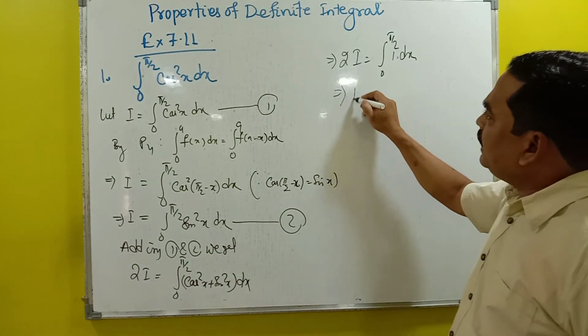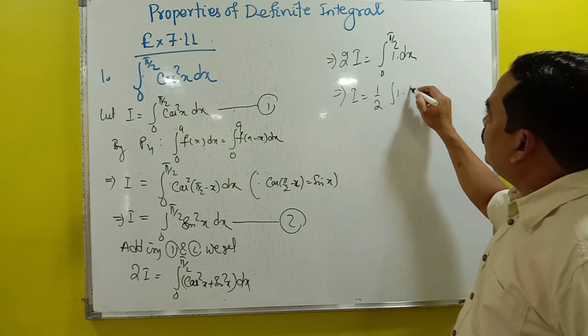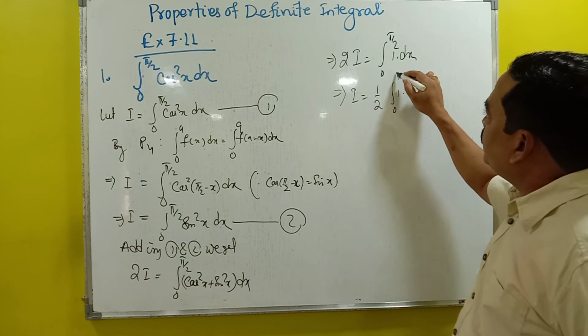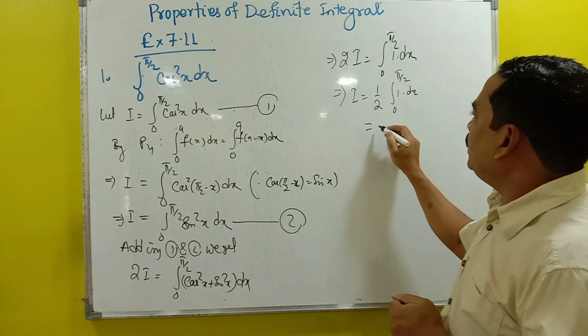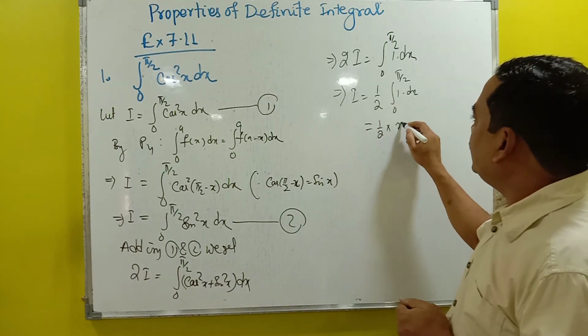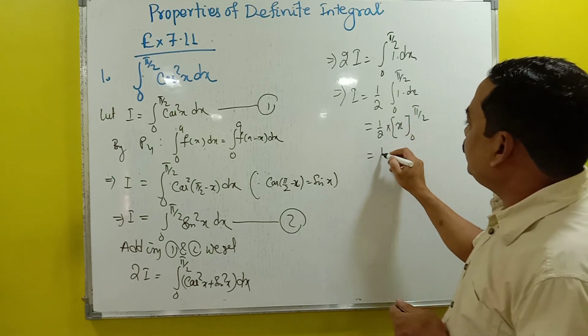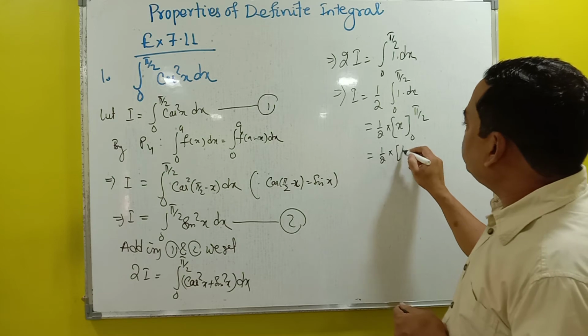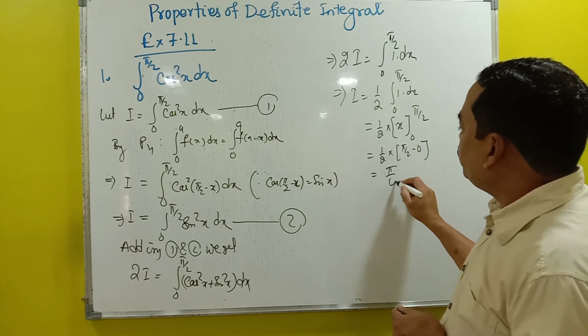Now I is equal to 1 by 2 times the integral of 1 dx from 0 to pi by 2. What is the integration of 1? It is x. So 1 by 2 times x, with limits 0 to pi by 2. Then what are we getting? 1 by 2 into pi by 2 minus 0, which is equal to pi by 4.